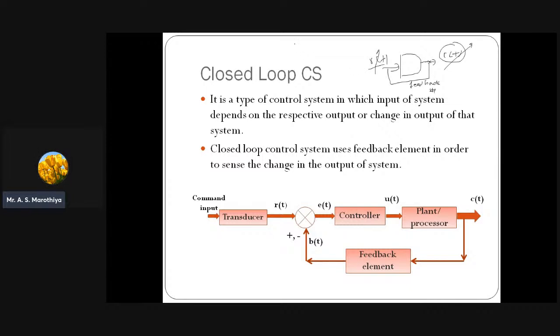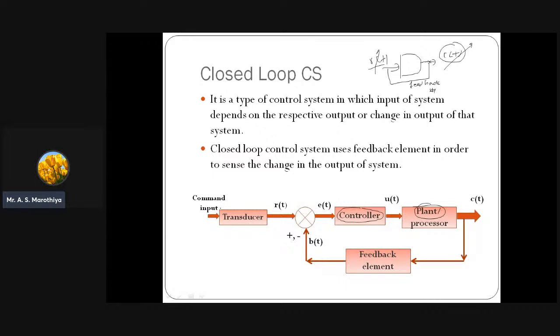Now here, as I told you, if you take any physical control system, basically we have two components in it. First one is called the plant. Second one is called the controller. Apart from that, there are some more components in a closed loop control system, like the transducer. A transducer is a device that converts a physical signal into an electrical signal.